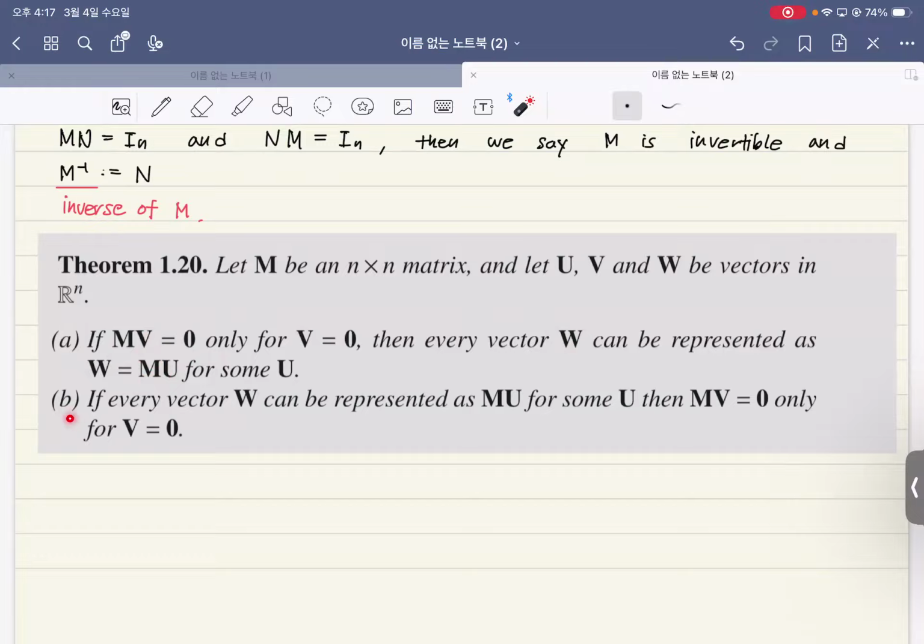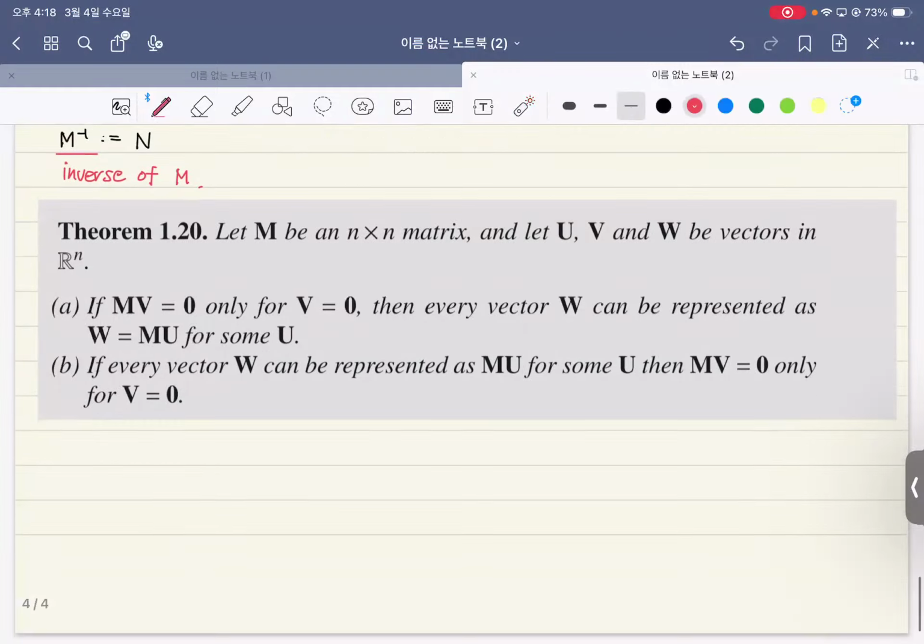And letter B. Okay, this time around, this is the converse of the previous statement. Let us suppose that every vector can be written as M times some n-dimensional column vector U. In this case, M times V equals the 0 vector implies V equals 0. So letter B is precisely the converse of the previous statement.